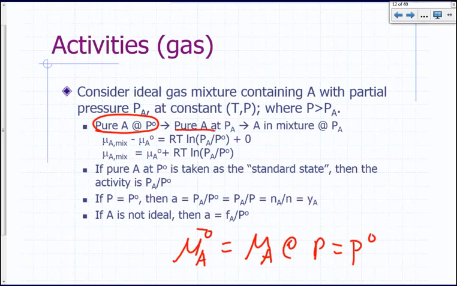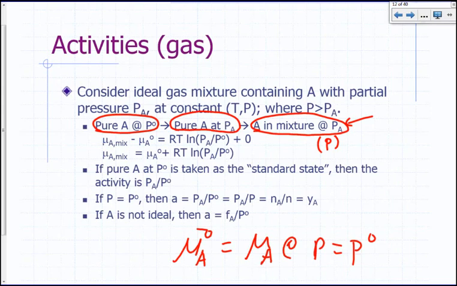Lower the pressure of that pure A to P sub A, the partial pressure you want, and then imagine introducing some other gas molecules so that it will now be part of a mixture with a total pressure of P total. But the partial pressure of A will remain P sub A in that mixture because it's an ideal gas mixture. A will not be interacting with the other gas molecules that you introduce.